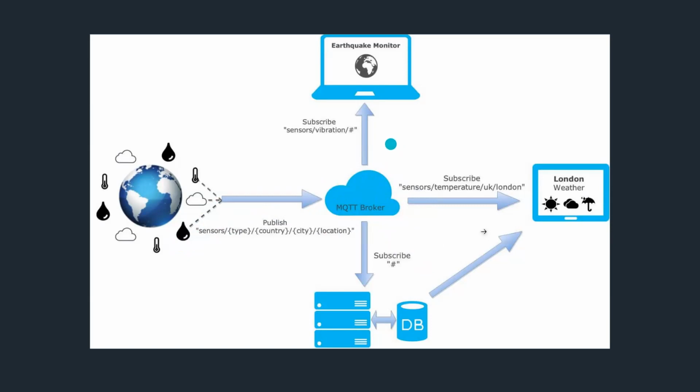So there could be several subscribers to the different sensor measurements, and if there's a client who has subscribed to the vibration topic, then that data will be transmitted to that subscriber. Apart from that, if there's another client who has subscribed to the temperature data, then the temperature data will be transmitted to that subscriber.